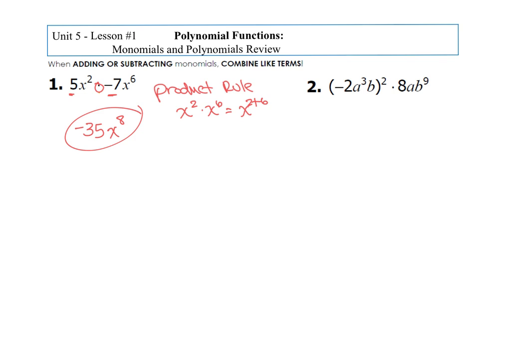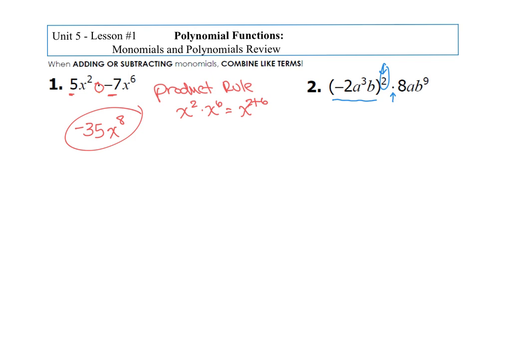On number 2, we're actually going to have two sets of rules here. Because on this first part, we have negative 2a cubed b in parentheses, and all of that is being squared. And then we're saying times 8ab to the 9th power. So anything with an outside exponent like this needs to be done before multiplication, division, just like any other PEMDAS order of operations problem would.